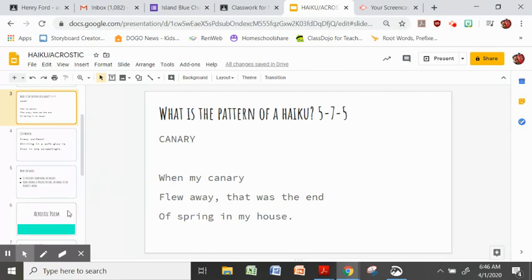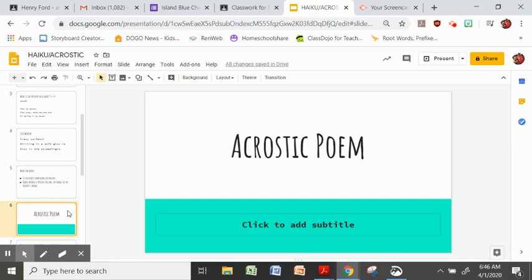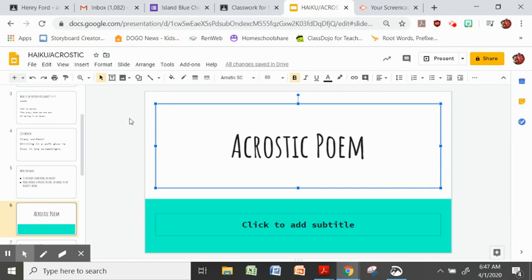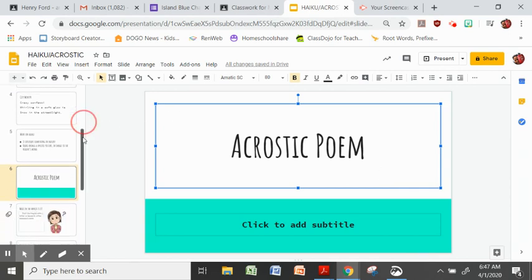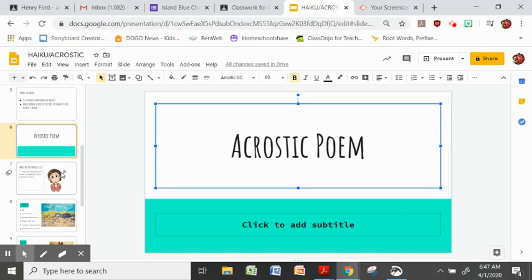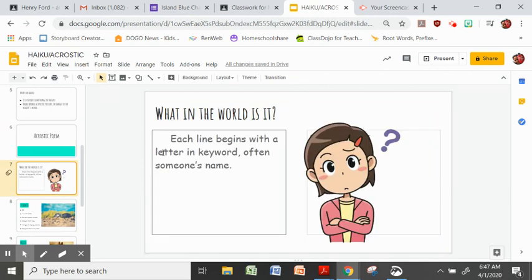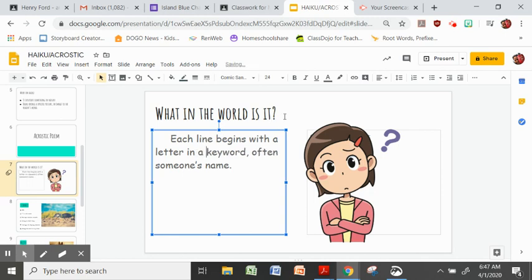All right, so today we are going to talk about an acrostic poem. Okay, so what in the world is an acrostic poem? This is another fun poem that I think you guys will enjoy. So, what is it? Okay, so an acrostic poem is a poem where each line begins with a letter in a keyword, often someone's name.